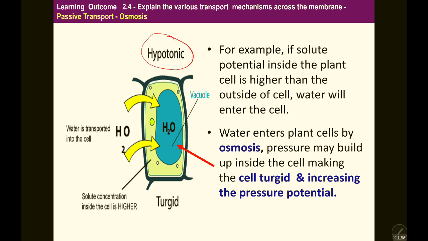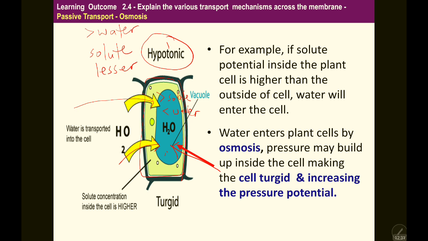Hypotonic solution means the solute is less. There is less solute, then more water, compared to the cell inside here. The cell inside here has more solute, less water. So now compare these two regions. Outside the cell is hypotonic to inside the cell. Therefore, water will enter the cell.